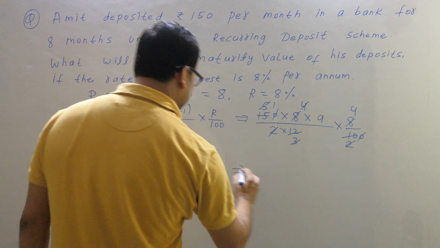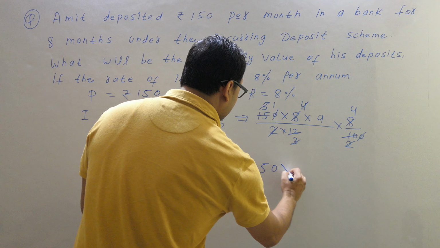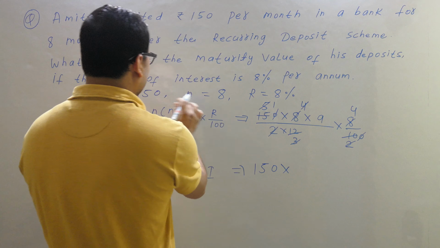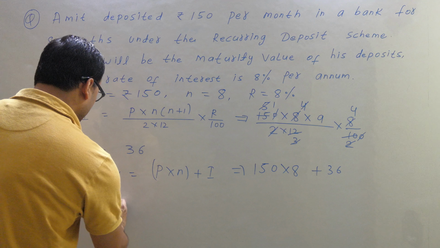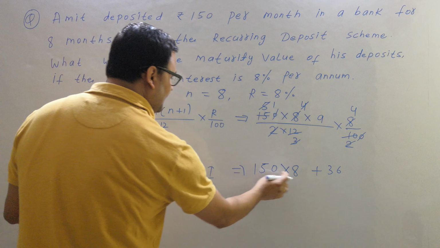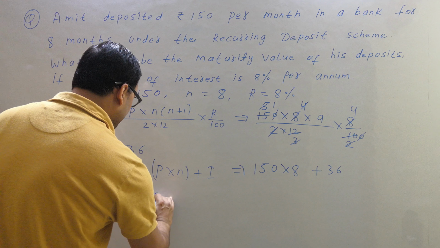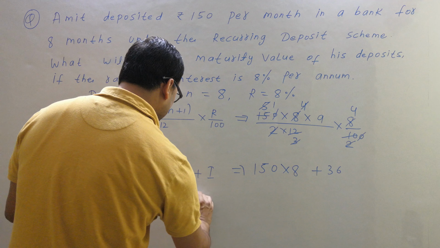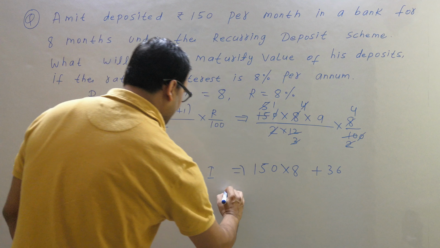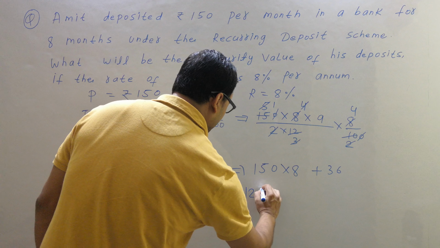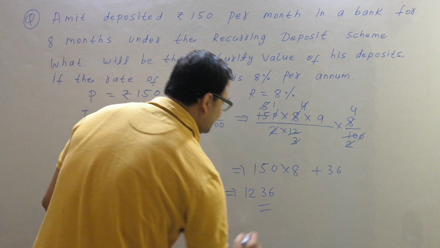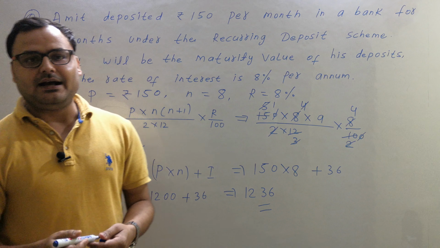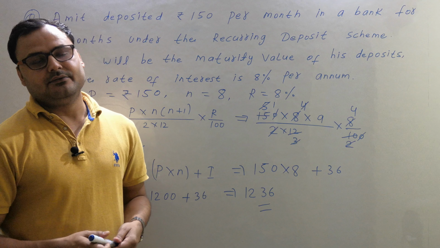So P is 150 into N equal 8, plus I we got 36. Then finally, 150 into 8 means 1200: 15 eights are 120. 1200 plus 36. So finally I will get 1236 as the final amount, or as the maturity value.